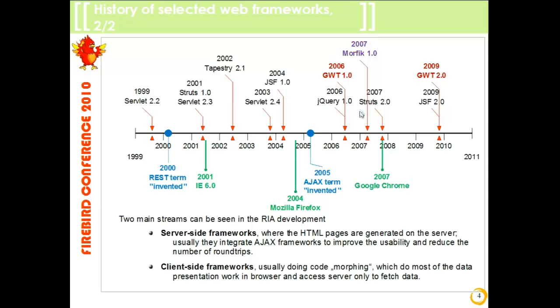That timeline shows some selected frameworks. Those who visited, I think, the Firebird Conference 2006 saw a presentation by Mauricio Longo about code morphing, a very interesting part. Basically what they implemented was the so-called code morphing technology.